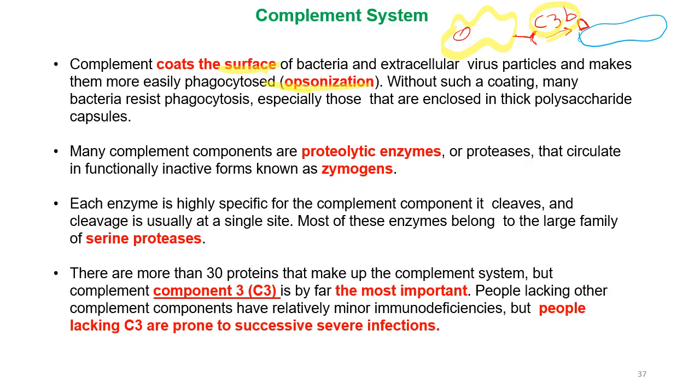If you have somebody who cannot really produce C3, whose liver is not very capable of producing C3, you're going to have a big problem, because now this patient is going to be susceptible to bacterial infections because they don't have this constant innate surveillance in their blood, in their lymph, in their system. So if you don't have C3, that's a big problem.